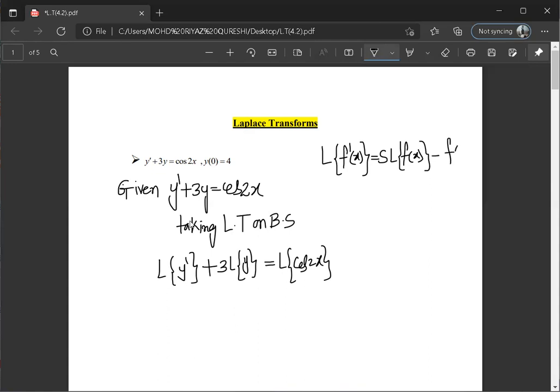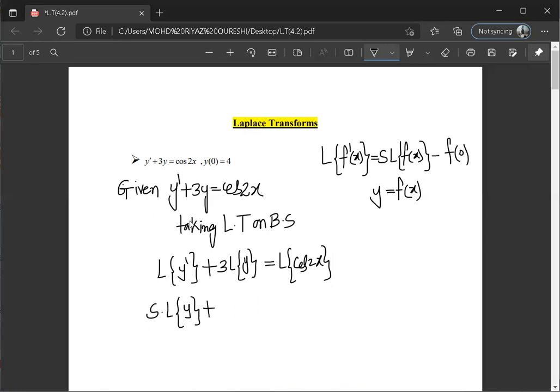We already proved this one in the last session. So in place of f of x we take y, and in f prime of x we replace with y prime. So now the value of L of y prime is what? s times L of y.